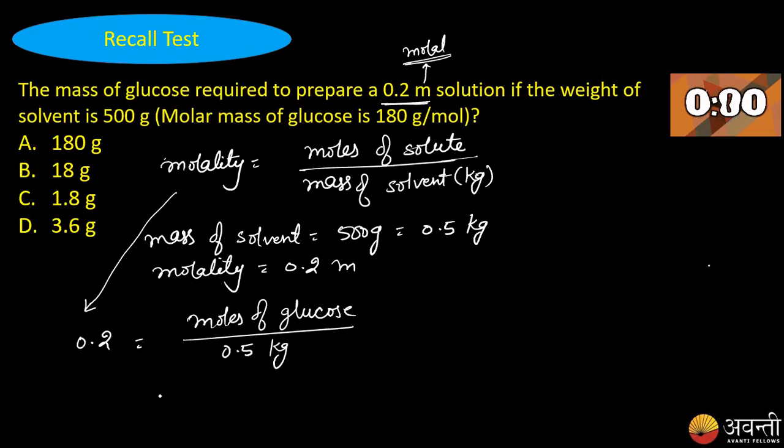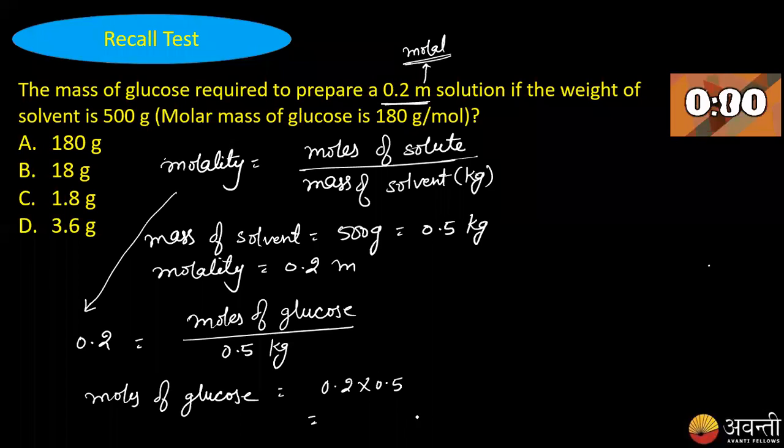Hence moles of glucose is 0.2 into 0.5, which is equal to 0.1. So we have 0.1 mole of glucose.